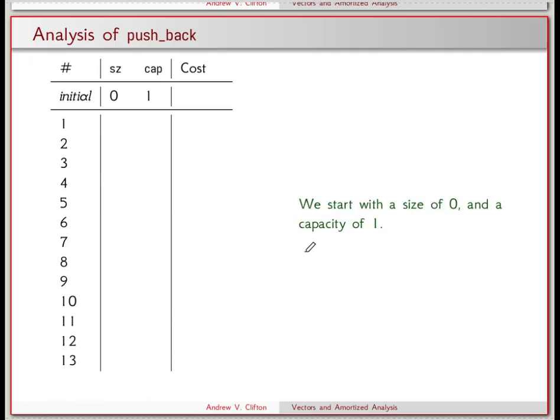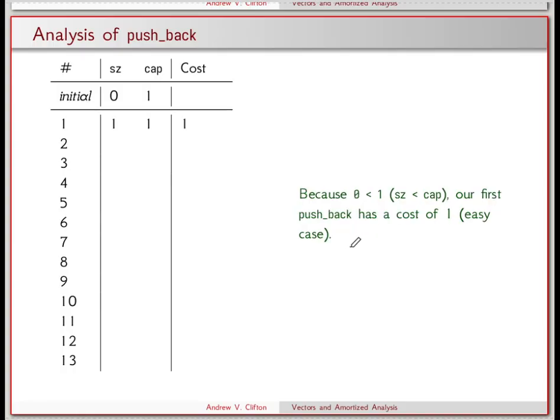Okay, so here's our table starting from nothing. We start with a size of 0 and a capacity of 1. So our first pushback, size is less than capacity, so that's a cheap one. Our size gets bumped up to 1, and it has a cost of 1. All of the easy pushbacks have a cost of 1.